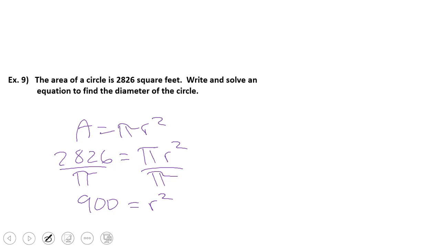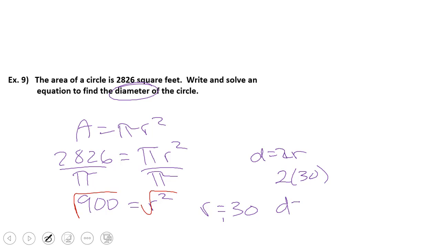And then, of course, we're going to take the square root of both sides, and we would find that r is equal to 30. Well, that's not the answer. It wants the diameter, and we were given the radius. So that means that the diameter is equal to 2 times the radius. So now we have 2 times 30, and so our diameter is equal to 60 feet in this particular case.